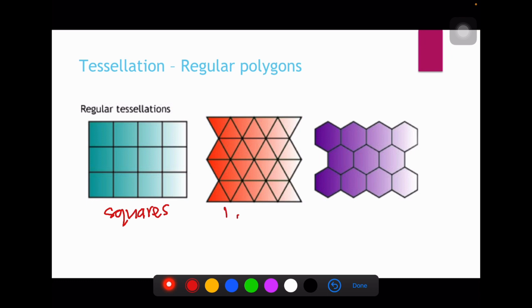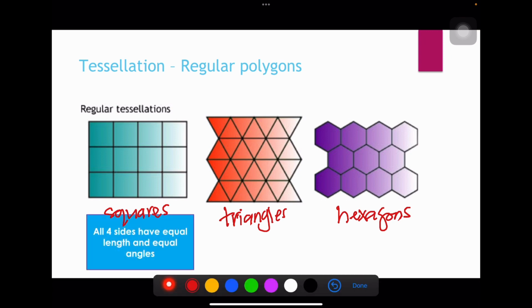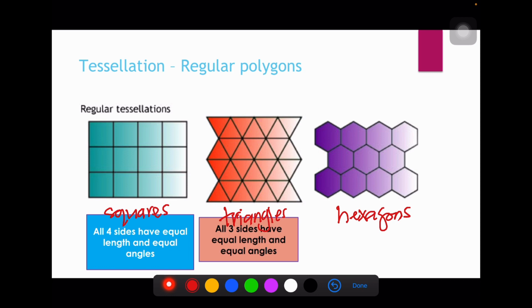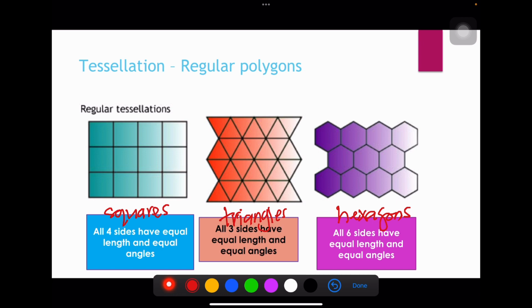These are all triangles, and these are all hexagons. So for squares, all four sides have equal length and equal angles. Triangles, all three sides have equal length and equal angles, and for hexagons, all six sides have equal length and equal angles.